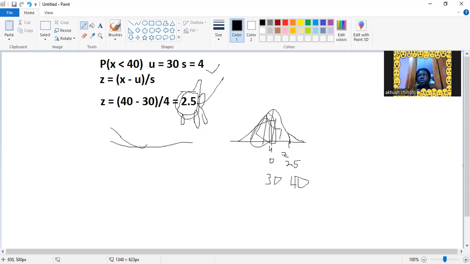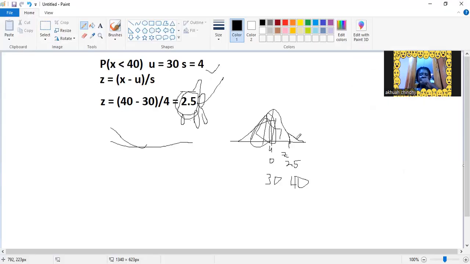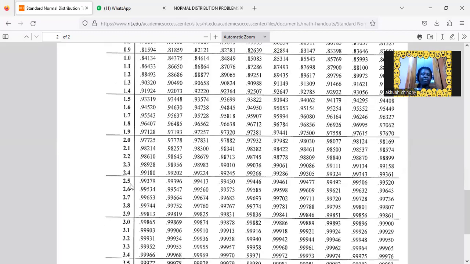So we go to the distribution table, the positive side, because when we shaded here, you see that it's at the positive side, so this is not included. And we get the same table in the positive table, right? So look for 2.5. So here is 2.5. And then the remainder is 0.00, right?